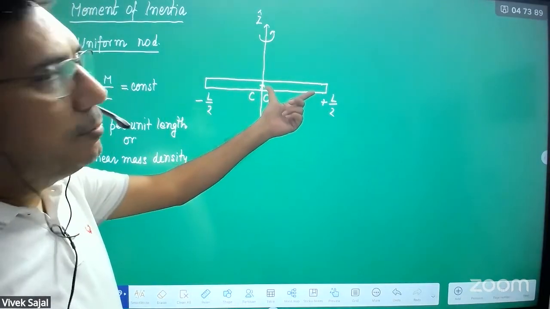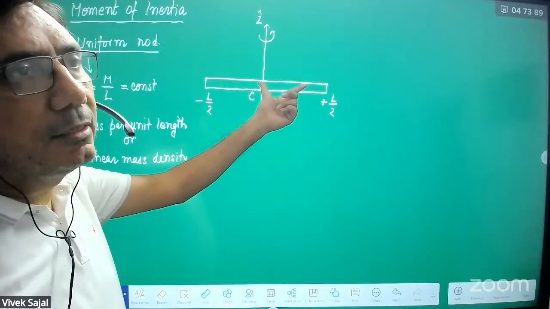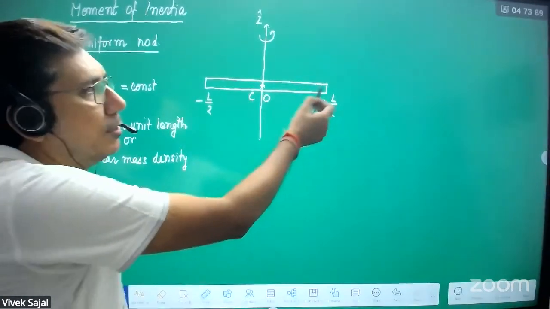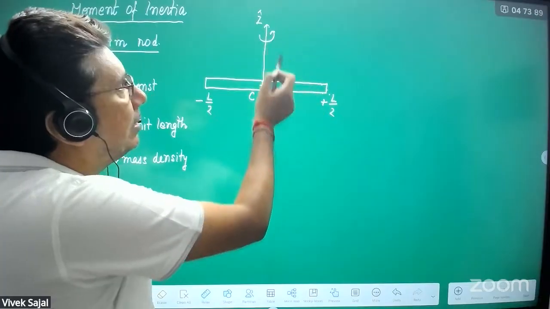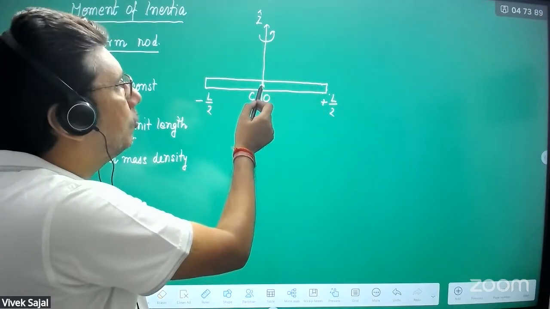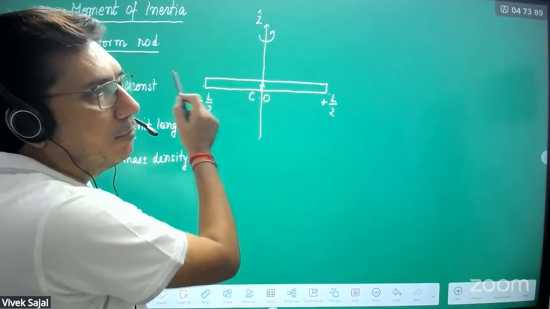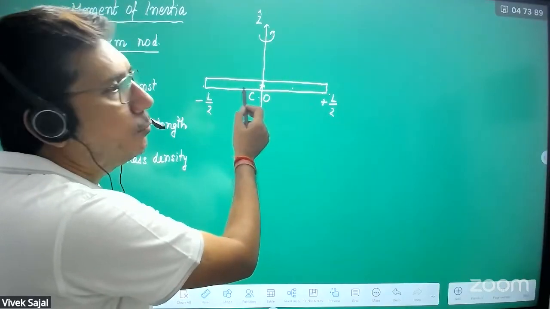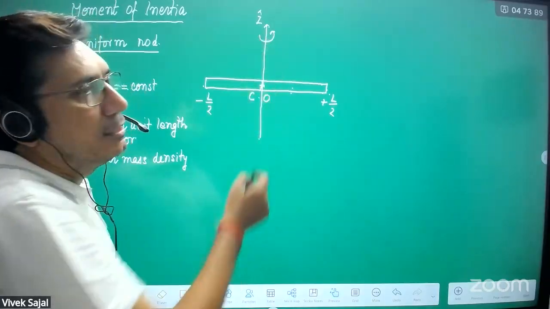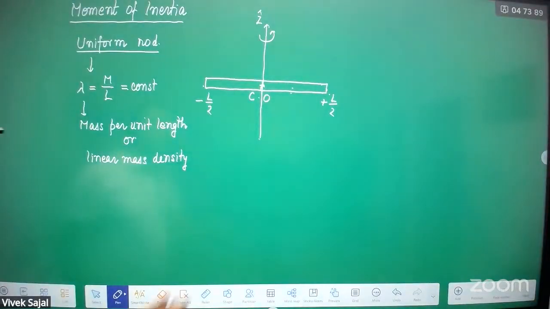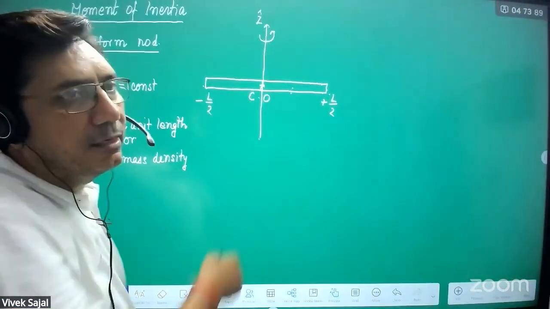Whatever the moment of inertia of this part when it is rotating about the Z axis, the same moment of inertia will be for the other part. So they are going to have the same moment of inertia about the Z axis.